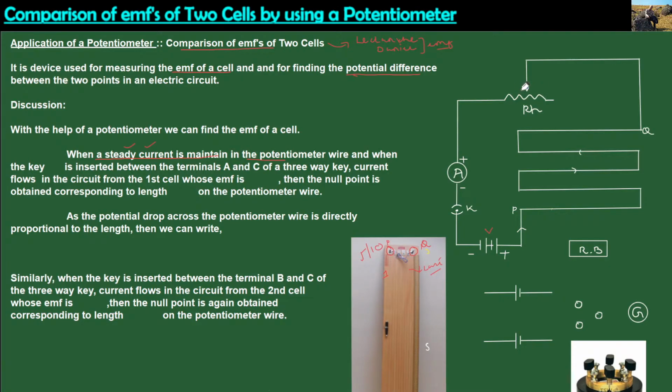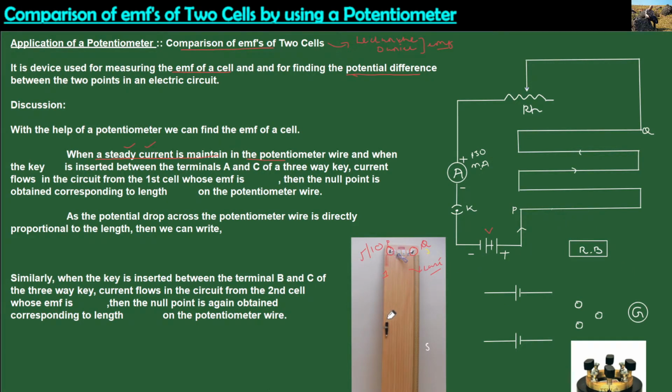We can adjust the current flowing through the potentiometer with the help of this rheostat. Typically in the lab, the ammeter will be in the range of milliamperes. Let's suppose we fix this current at 50 milliamperes.